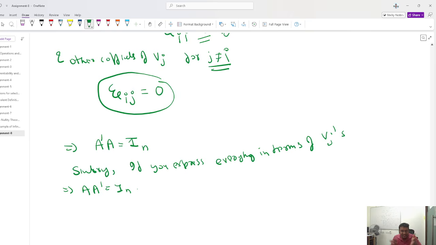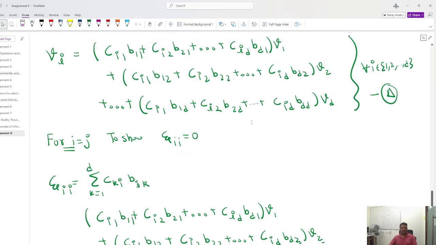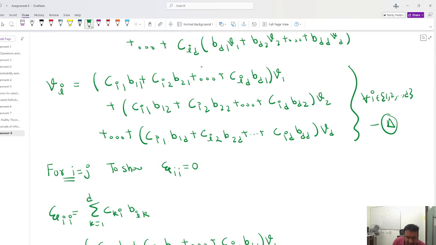The coefficients will become the entries of the matrix A into A prime. That's the fun part here. So that's how you have to proceed. That's all. Now, this is what? Xi, if you see, this is I, 1.